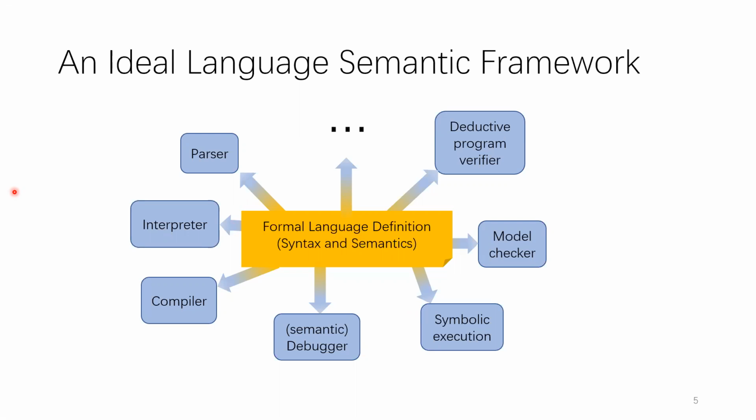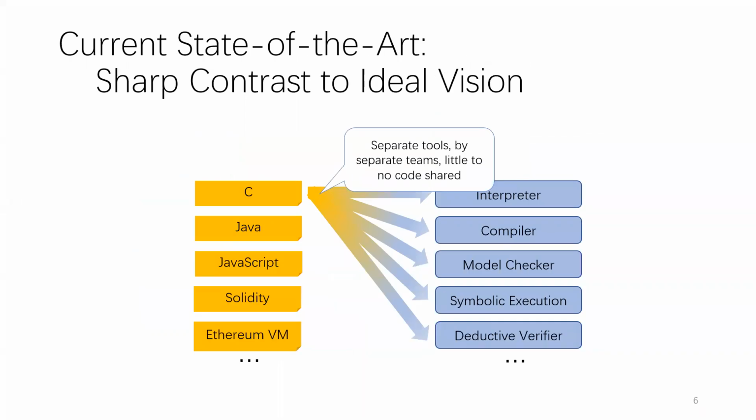And at the same time, everything we do here is still mathematically rigorous. This is, of course, a very long-standing dream of the programming language and formal verification communities. And our objective with the K framework is to develop the foundations, techniques, and tools to make this dream a reality.